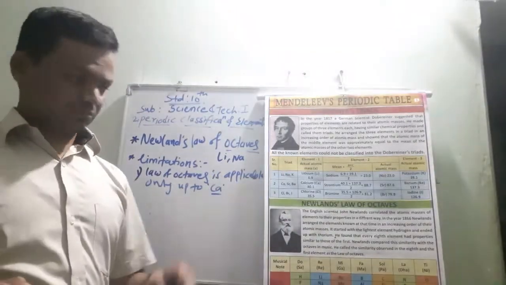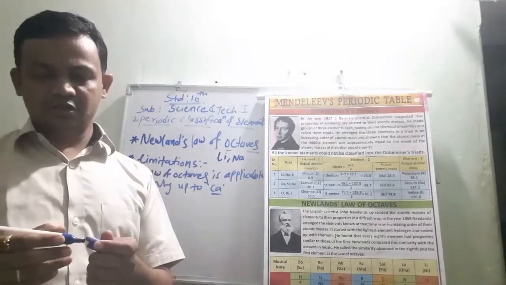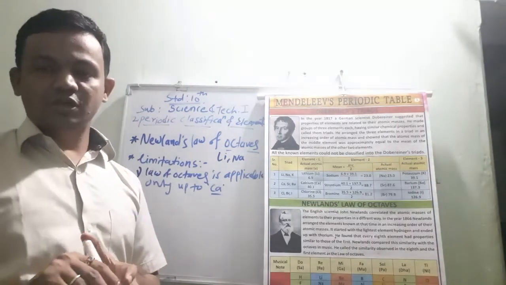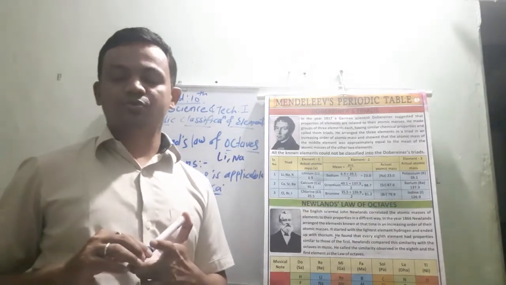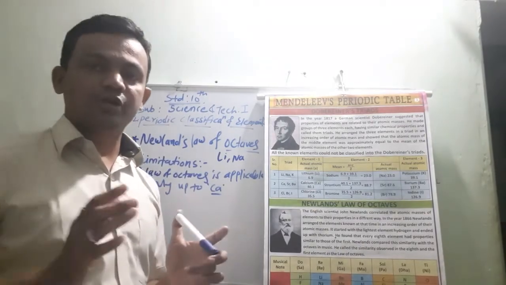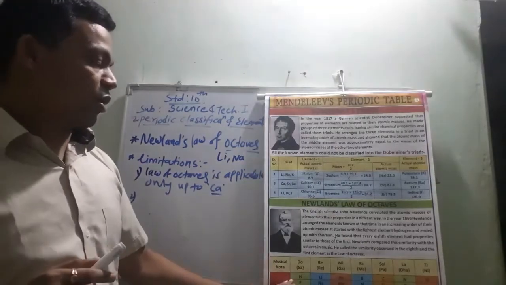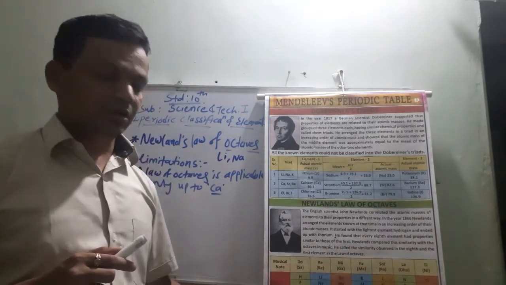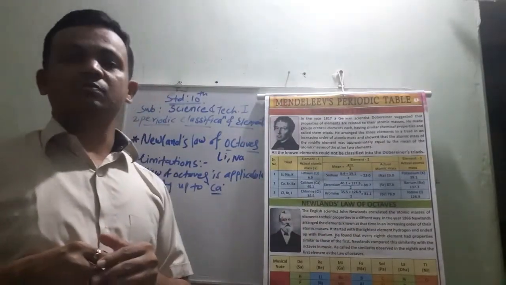Now the second limitation is that Newland placed two elements in the same box. See here, Newland placed two elements in the same boxes to accommodate all the known elements. All elements are placed in a table having rows and columns, therefore there is a formation of 56 boxes.